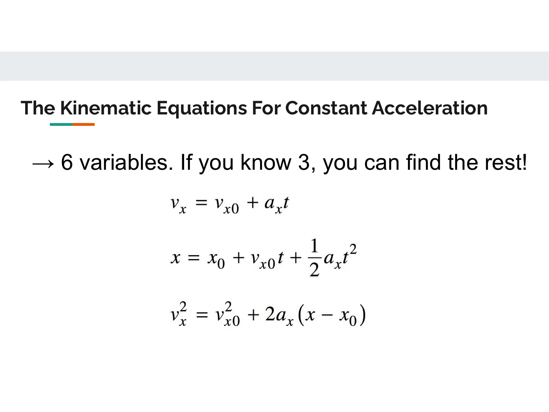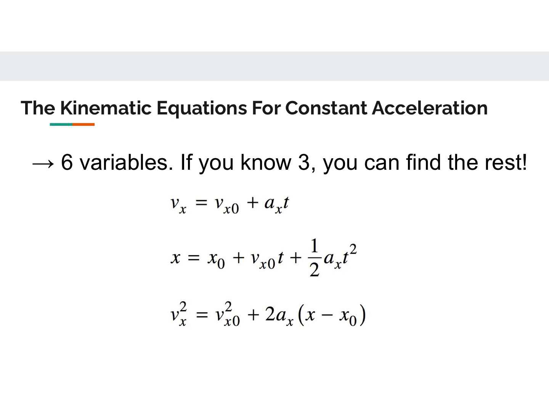These kinematic equations are the first three equations on your equation sheet. They're also the longest three equations on the entire equation sheet. It's the worst algebra we have to do of the year. If you can do this algebra, you can do any algebra I'm going to throw at you. These kinematic equations are made up of 6 variables.